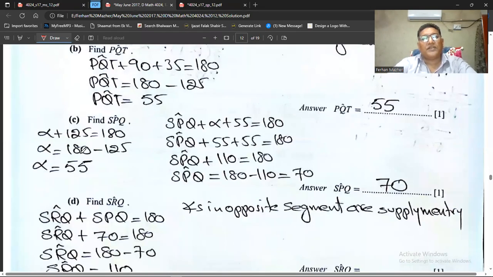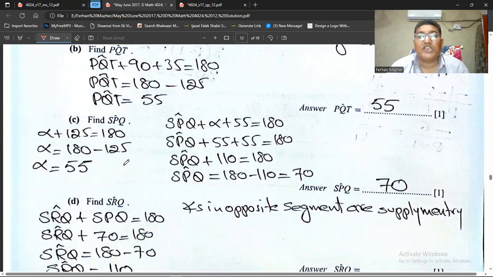C part. Alpha plus 125 is equal to 180. Alpha is equal to 180 minus 125, and alpha will be 55. Then SPQ plus alpha plus 55 is equal to 180. So SPQ plus 55 plus 55 is equal to 180. So SPQ plus 110 is equal to 180. SPQ is 180 minus 110, that is 70.